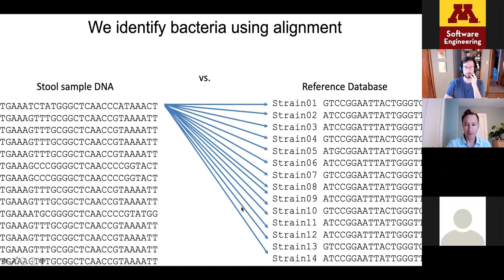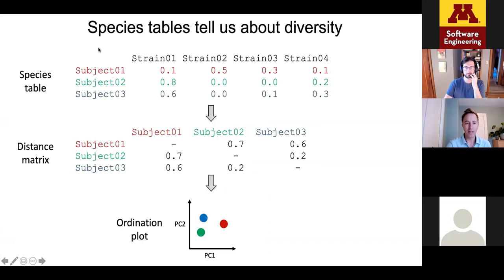And once we do that, we get a standard data table of every subject. You have all these features, which are the bacterial strains or species. And you learn what fraction of the gut was each strain.